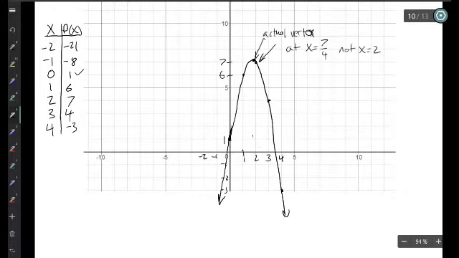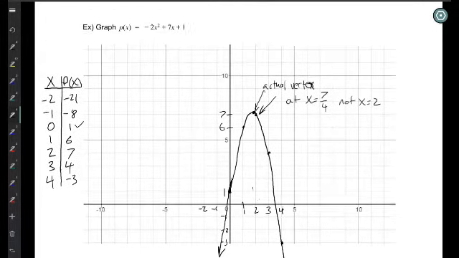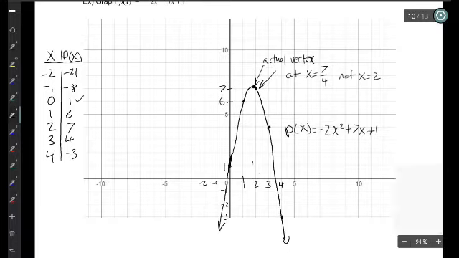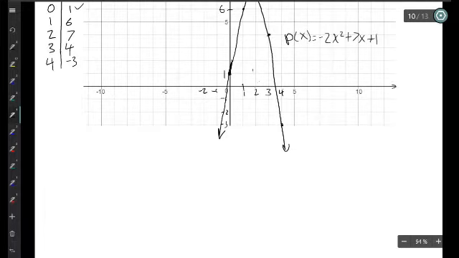Alright. And let's label it p of x equals negative 2x squared plus 7x plus 1. And we have our y-axis and our x-axis.